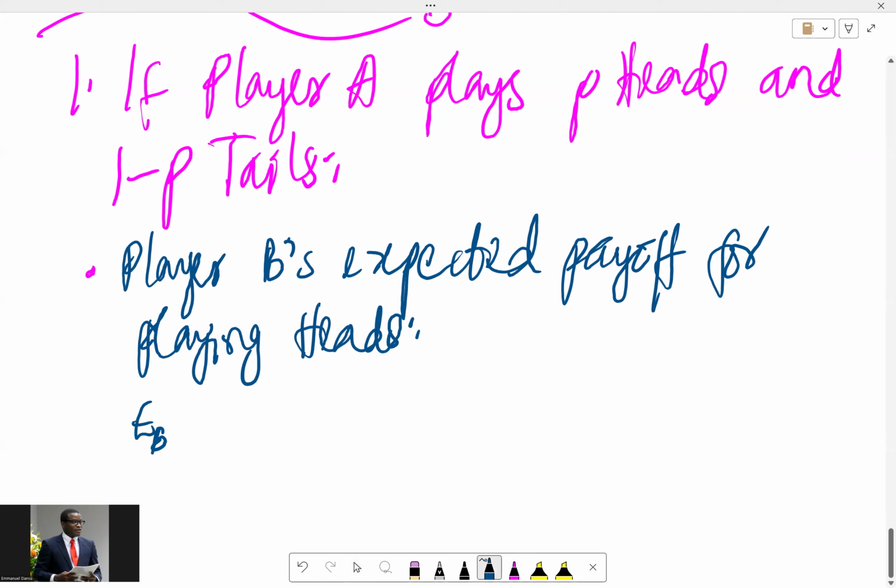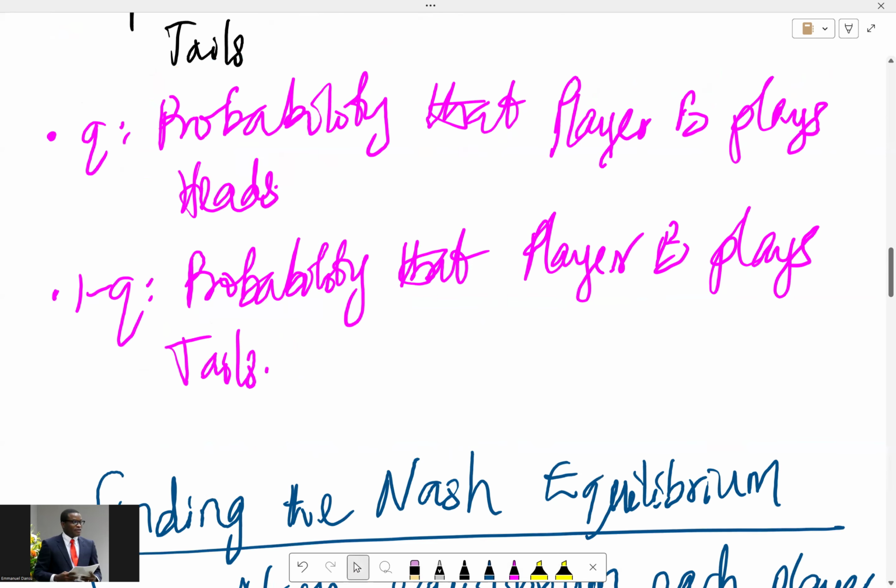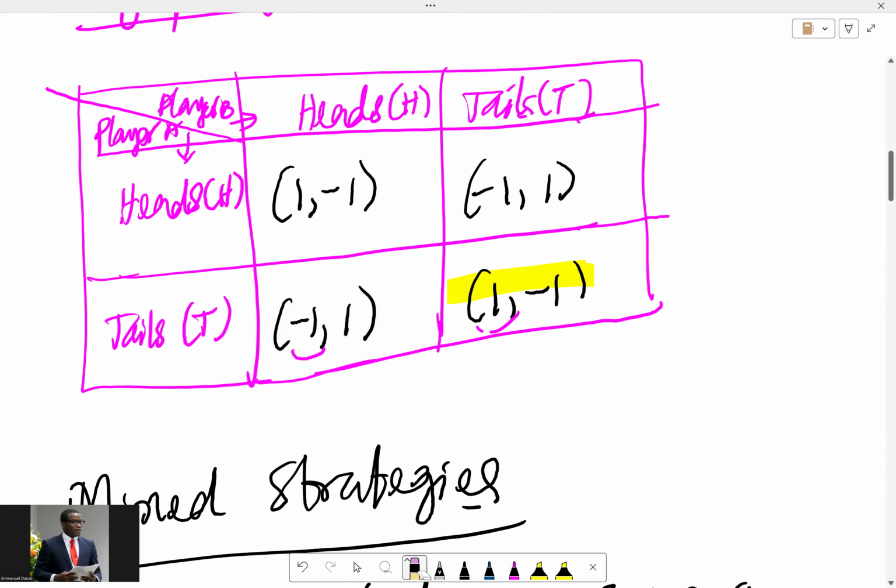That's expected payoff for B for playing head. So we have to go back to the table to see that. Now whatever A plays, we want to see what happens to B for playing head. So let's go to the payoff matrix. Now our focus has shifted to whatever A plays, what happens to player B? So imagine this is A playing both head and tail.